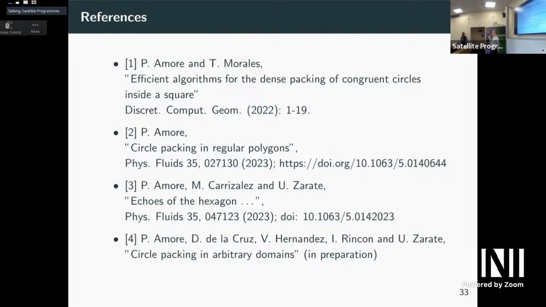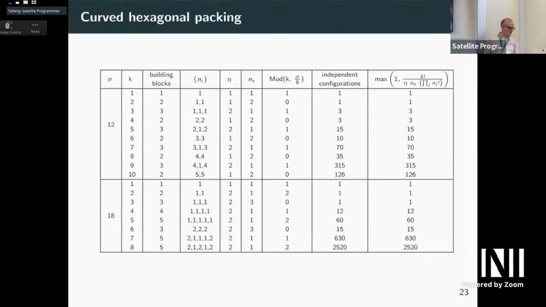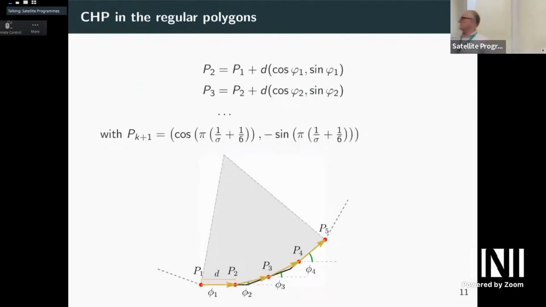Any other questions? Your density packing, do you fix the ratio between the size of the polygon and the disks? The size actually comes from this condition.